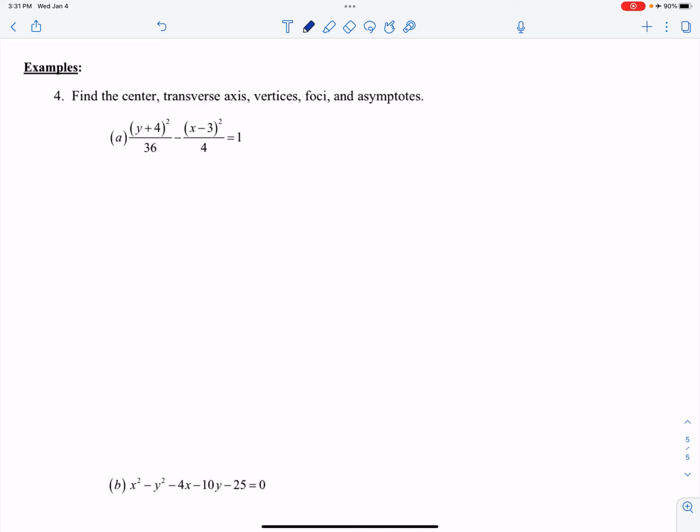Now we'll find the characteristics: the center, the transverse axis, the vertices, the foci, the asymptotes, everything. So we have (y plus 4) squared over 36 minus (x minus 3) squared over 4 equals 1.